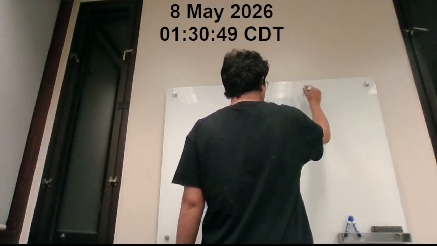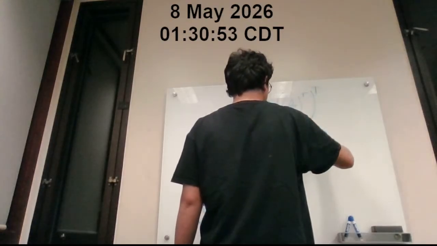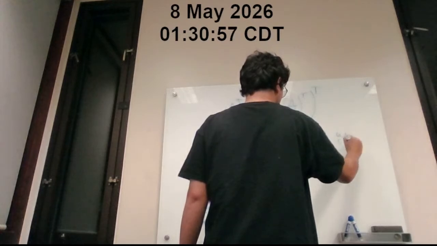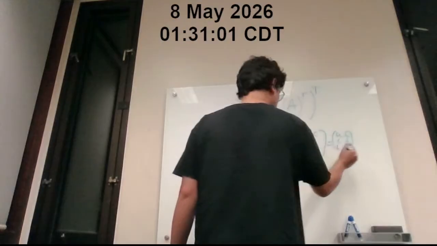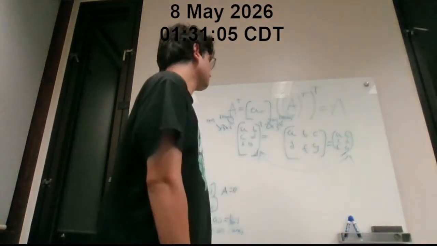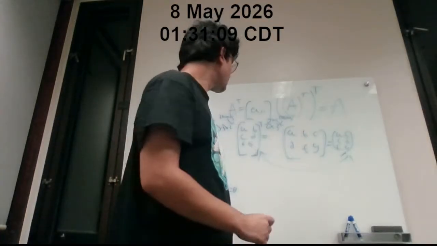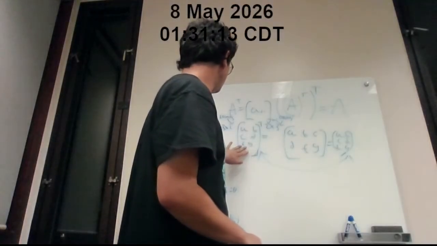What happens if you take the transpose of the transpose? It just gives you the original matrix. It's that simple. So transpose is kind of like rotating things around.